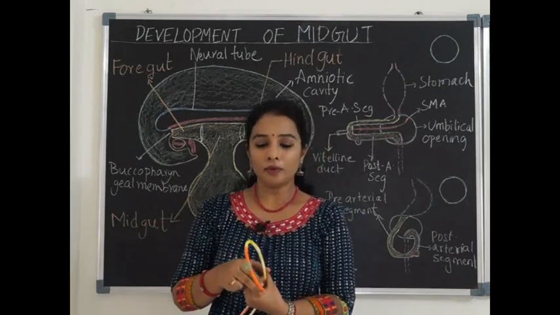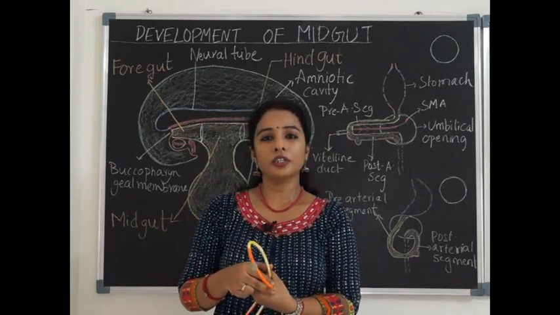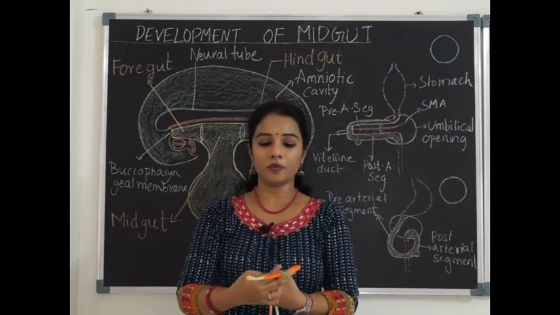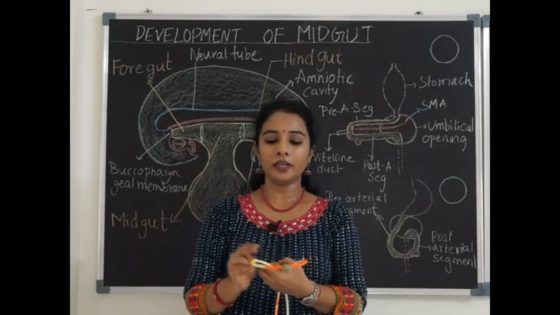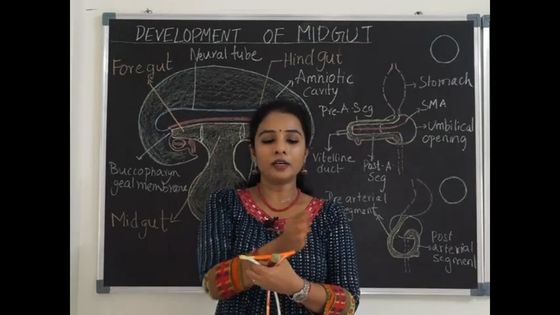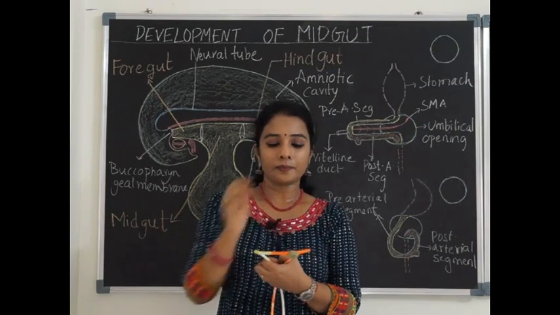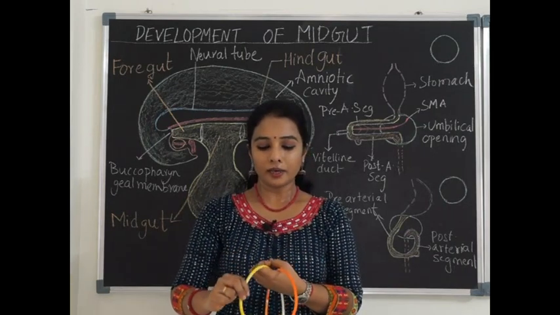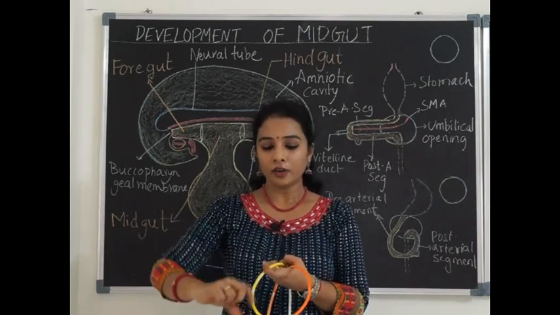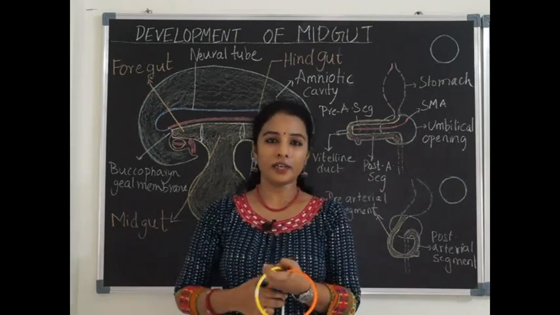Later there is a rotation in the anti-clockwise direction, where now the pre-arterial segment lies on the right side and the post-arterial segment lies on the left side. The pre-arterial segment, after it grows, starts convoluting itself to form coils of intestine.